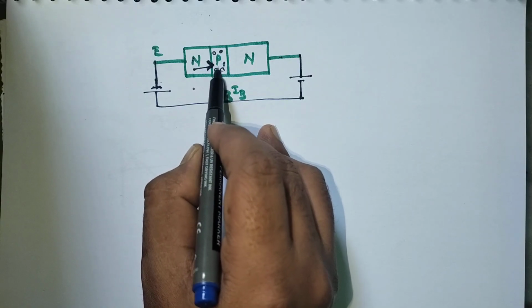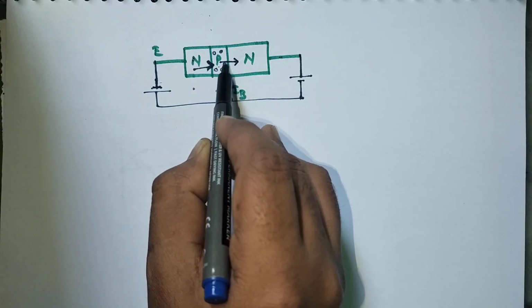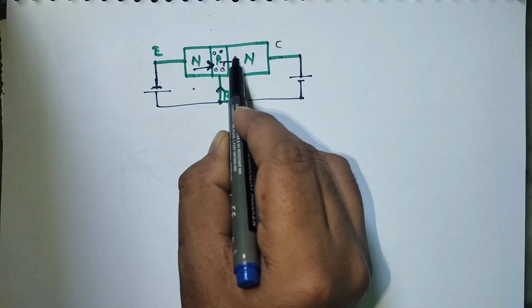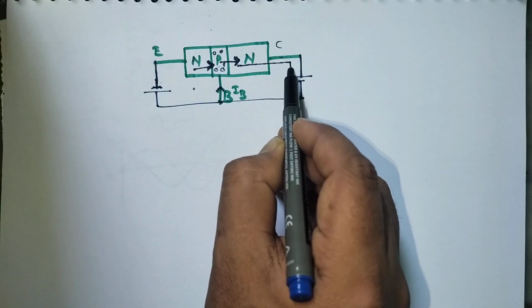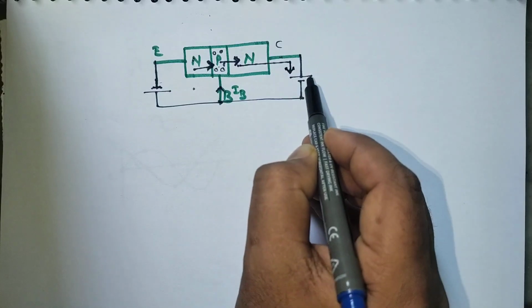After some recombination, the remaining electrons pass to the collector, attracted towards its positive terminal.